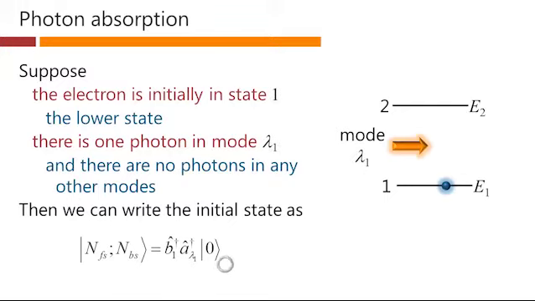So this is a way of explicitly writing this specific state of the system. And of course, that corresponds to a list of occupied states. In this case, for fermions, it would just be one electron in state 1. And this corresponds to our list of possible boson states for our specific situation, and that is just one photon in mode lambda 1.